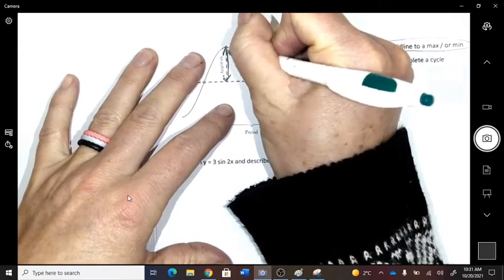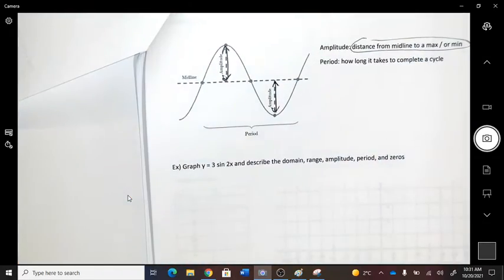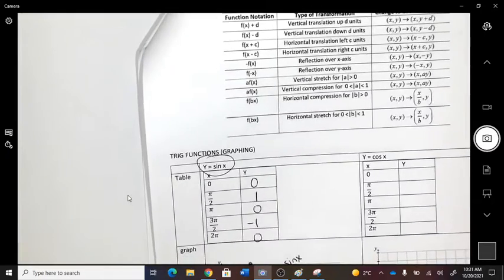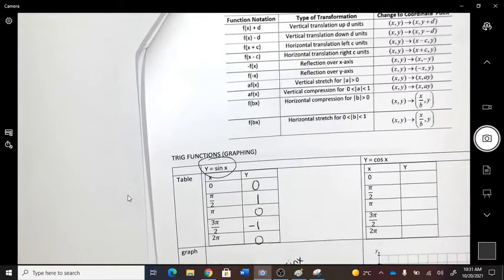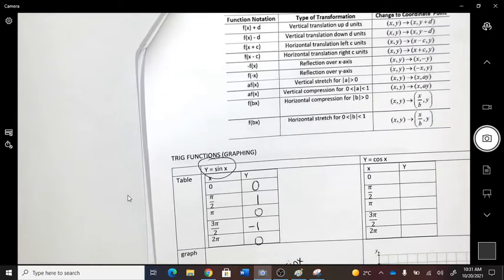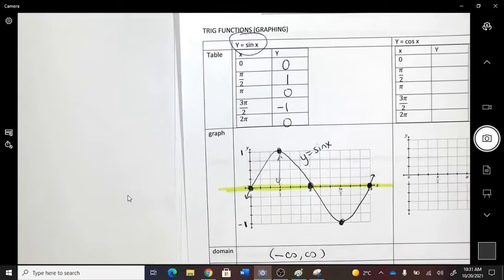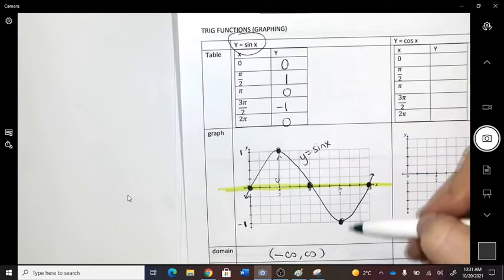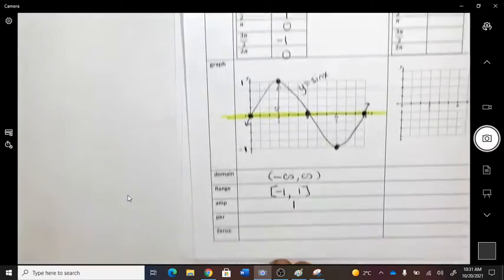So what is our graph doing? This would be the middle. How much are you spanning away from the middle? A height of 1. So from our middle, we span 1 up or 1 down. So our amplitude is 1.